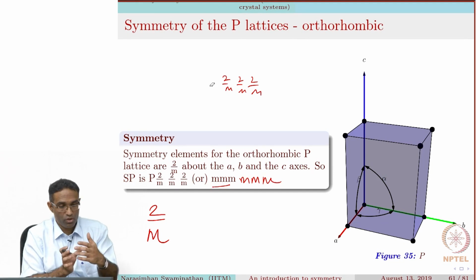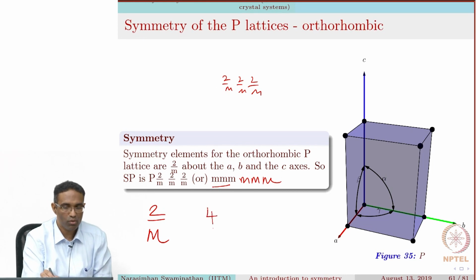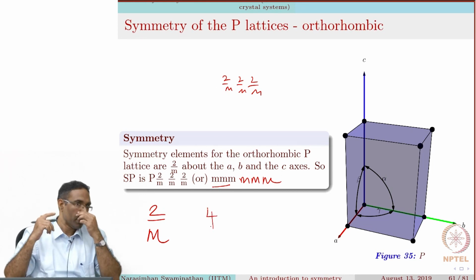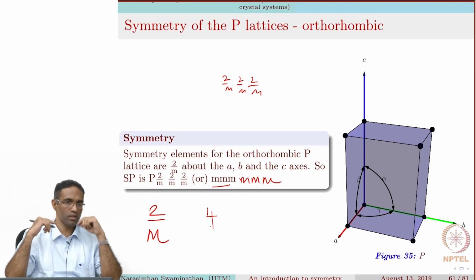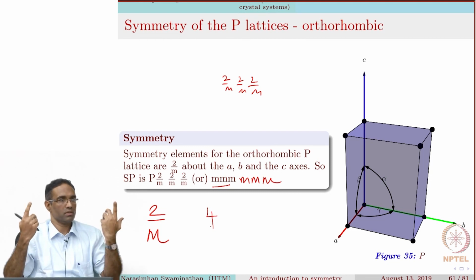So you should now be able to write down the Hermann-Mauguin symbol pretty easily. So there is going to be a 4-fold rotation. The second there is a 4-fold rotation, it makes the A and the B axis equal, and there is no difference.